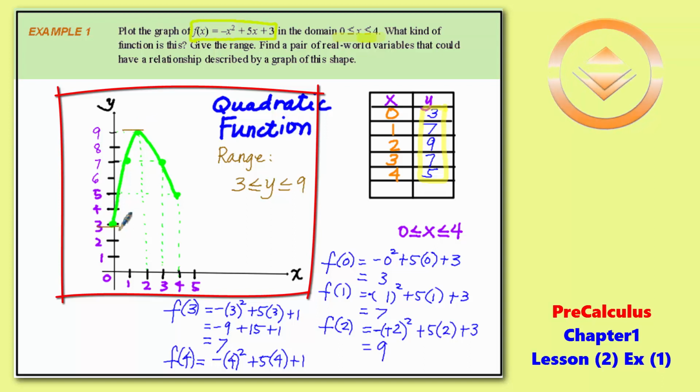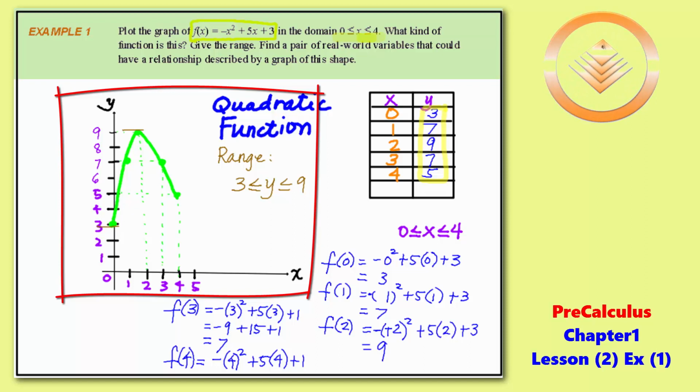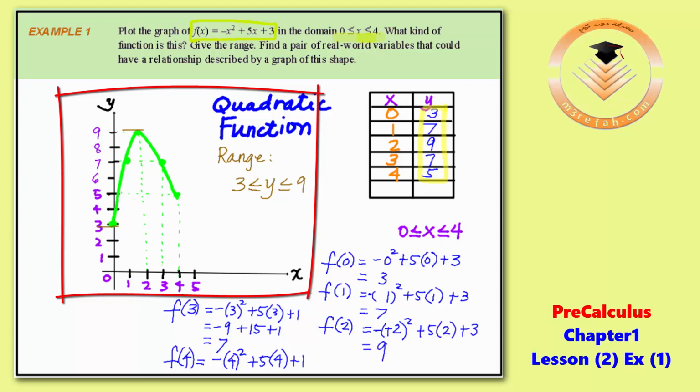So that's our range. Find a pair of real-world variables that could have a relationship described by a graph of this shape. Well, one example that I could give is projectile motion, defined by, let's say, the relationship of the height of a ball and the time it is released.